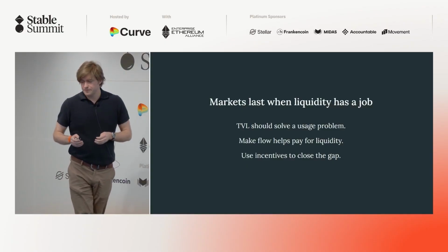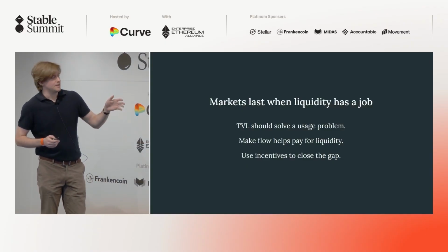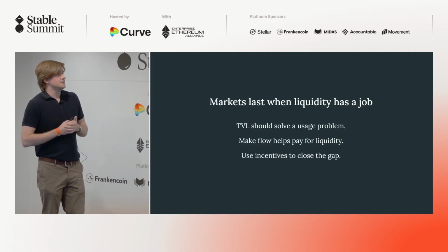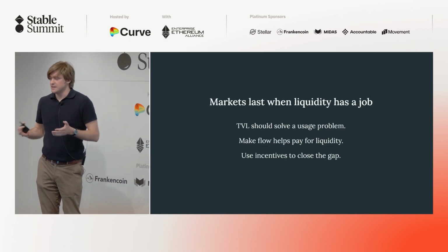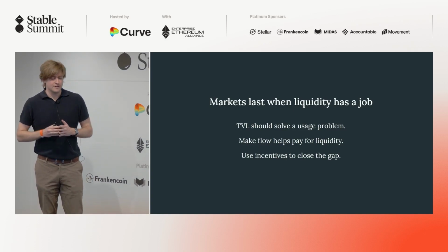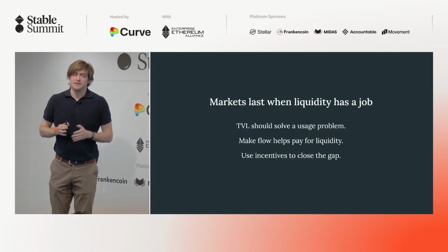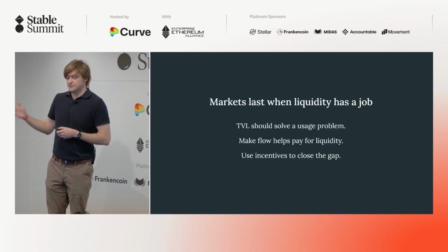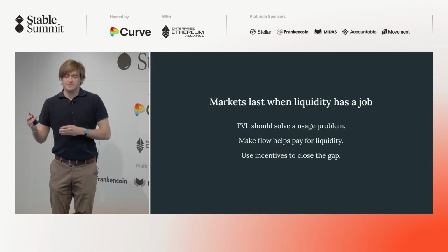So yeah, I ran through this quite quickly, but basically, I'm at my end now. You should design markets in a way that they're sustainable. Liquidity is expensive. Yes, if you have a lot of flow, that can help pay for it, but you should probably have some kind of problem you're solving for your users that comes with some kind of flow that helps pay for it.